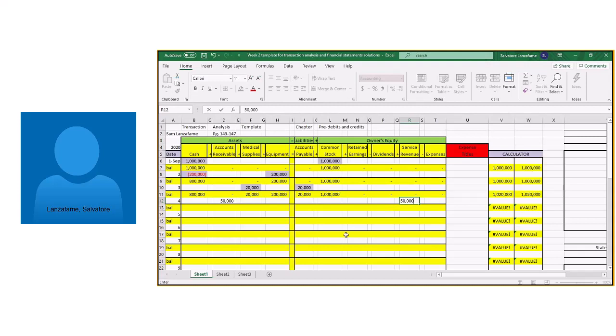And this is the reason why I wanted to do this example with you, is because your textbook took a massive shortcut. Instead of using revenue, your book put it automatically in retained earnings. We're not going to use retained earnings at all in this discussion.